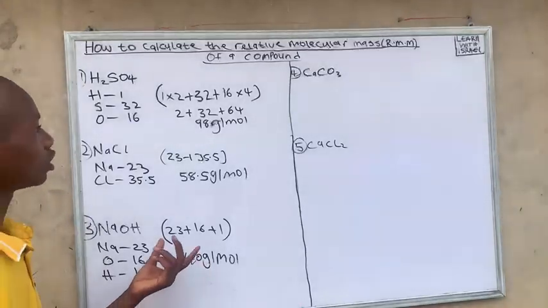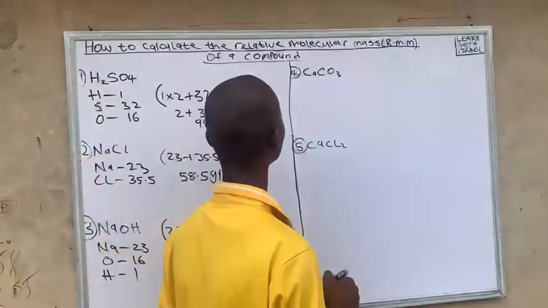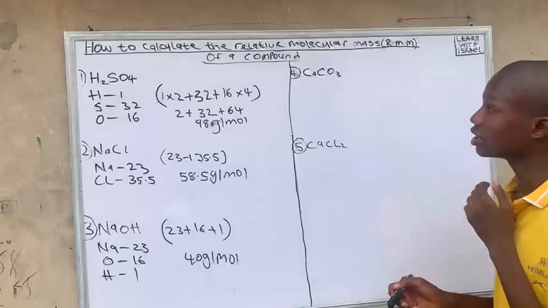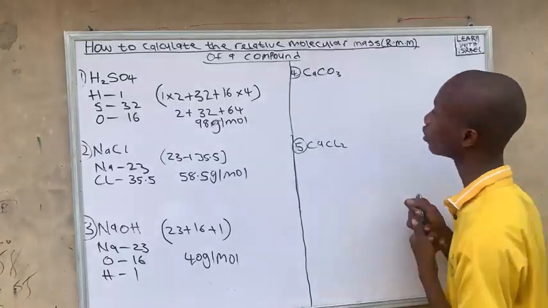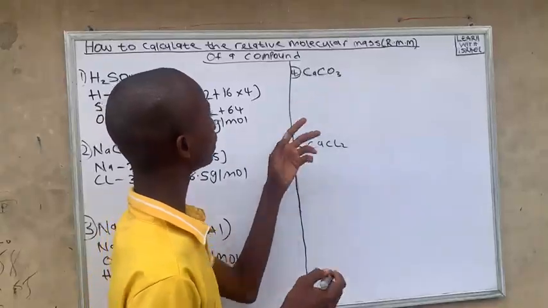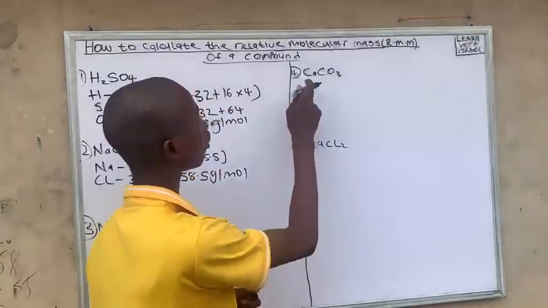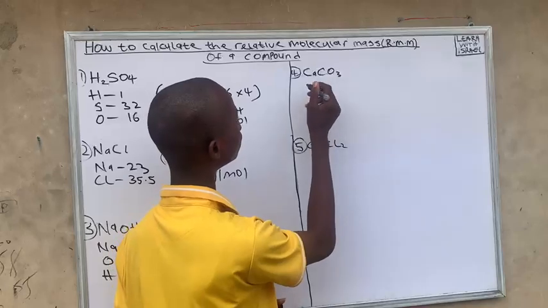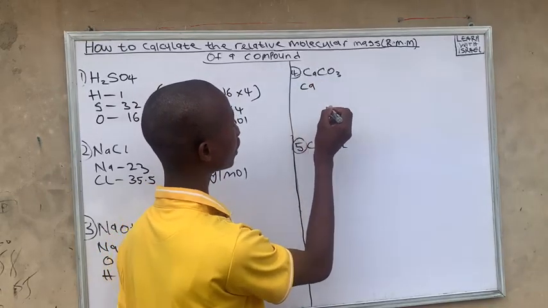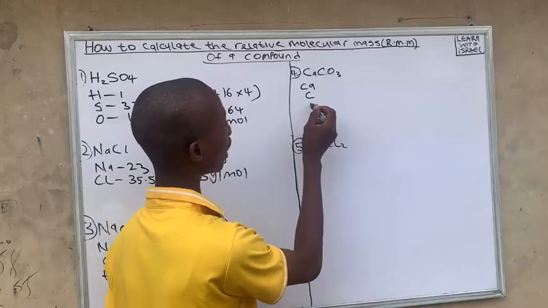So let's move to question 4. Calcium carbonate, that's our CaCO3. To calculate this, let's write out the elements in this compound. We have our calcium, our carbon, and our oxygen.